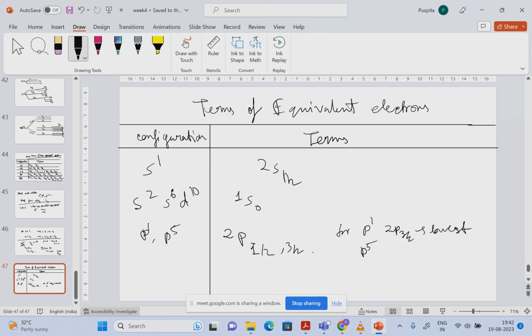For p5, 1/2 will be the lowest. p2 and p4 will again have the same kind of configuration: p2, 3P0, 1, 2.